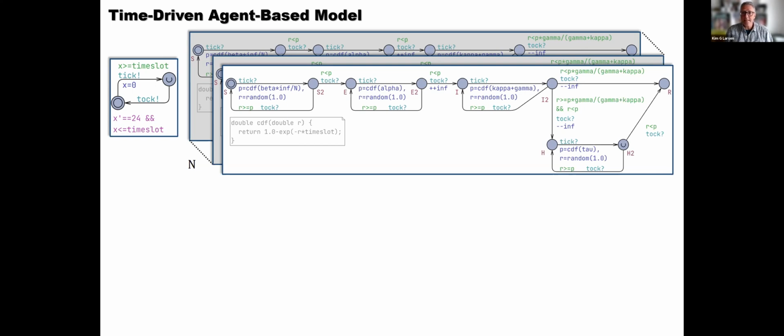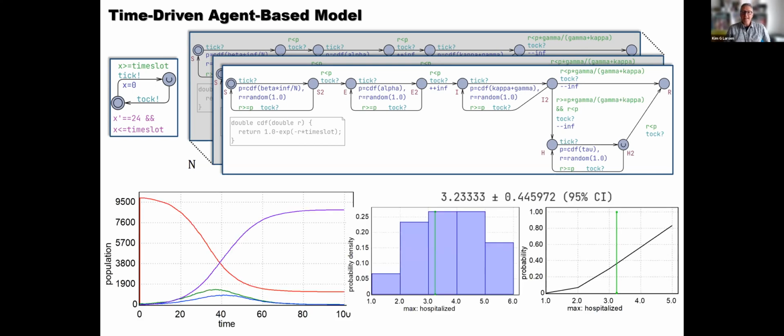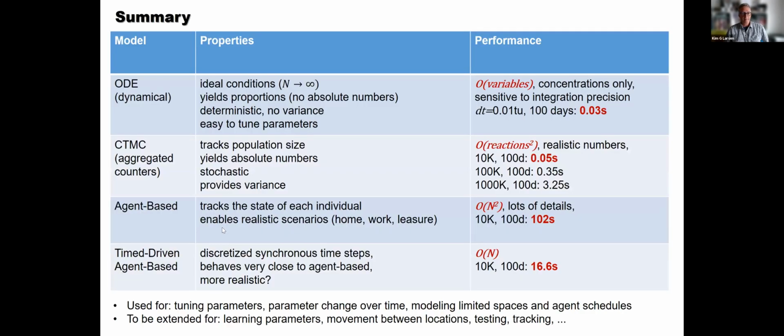And if you do this, maybe this was not the most clear description of that, but you get almost the same result when you do statistical model checking here. But what's really nice is that in order to simulate up to a given time horizon, the complexity will grow linearly in the number of components, and that's going to be extremely vital for our analysis, the scalability of it.